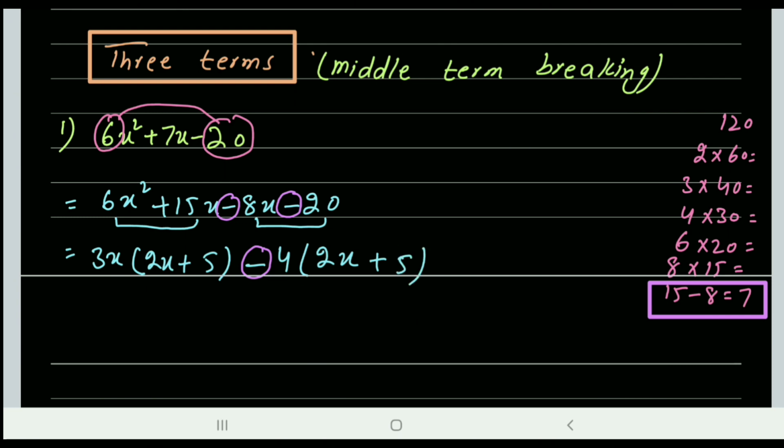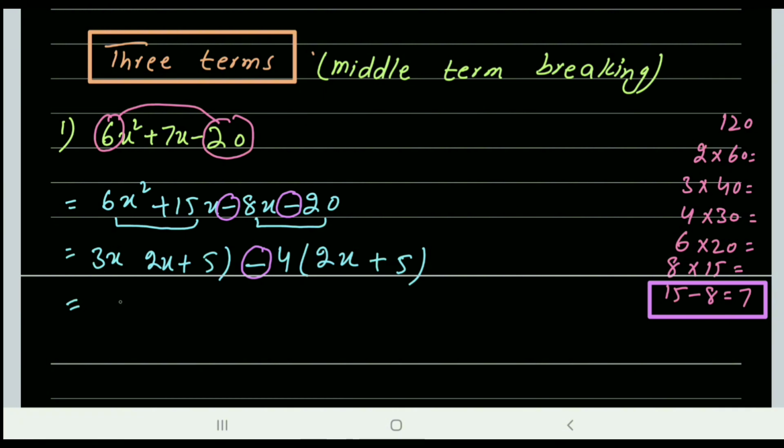Here you can self-check your question: your two brackets should always be the same, with the same signs and the same terms. You can see that both brackets are exactly the same. It means we are doing our question right.